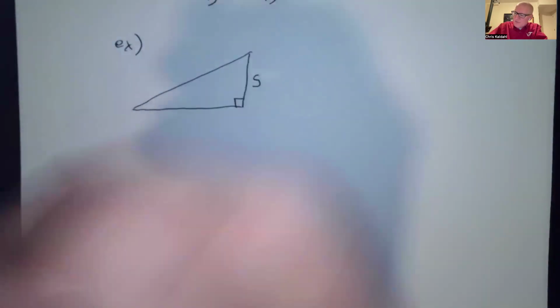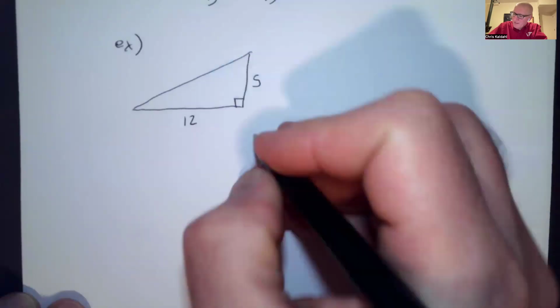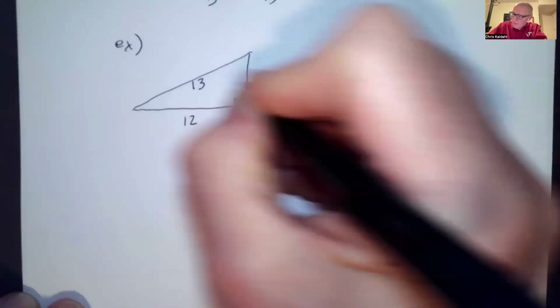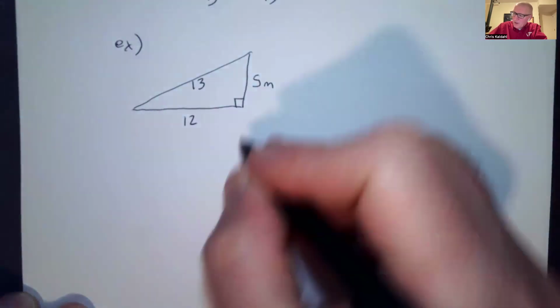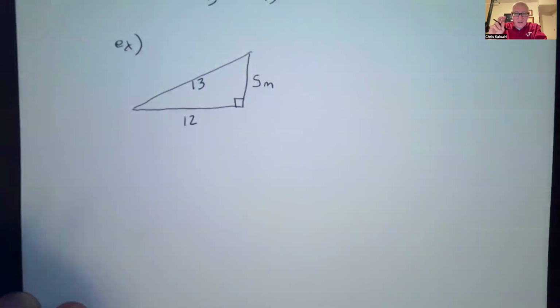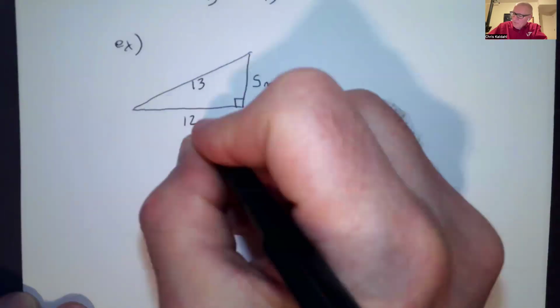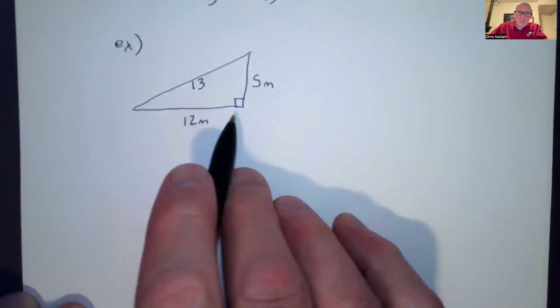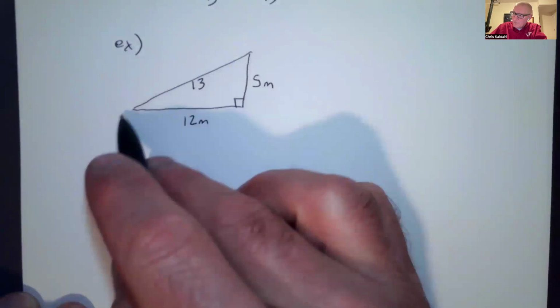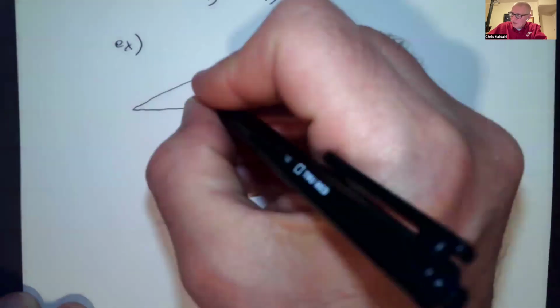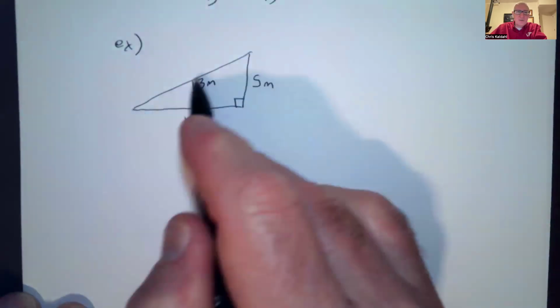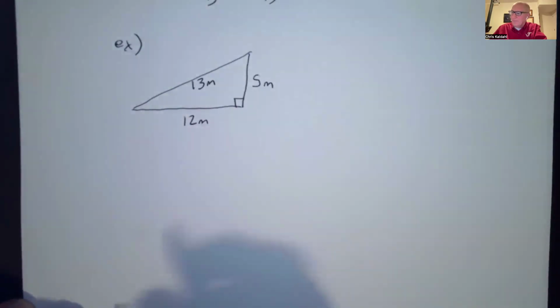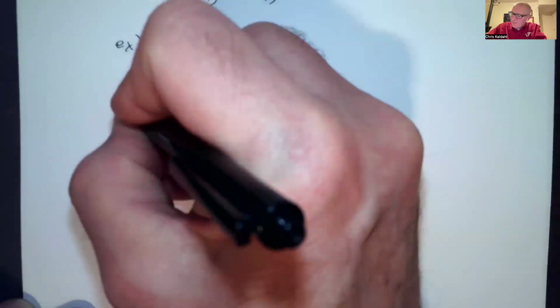Certain combinations of numbers will always make a right triangle. So let's say this is a 5-meter tall, in essence, hill, and it's 12 meters long horizontally, but the actual length of the hill from bottom to top is the hypotenuse, which would be 13 meters long.